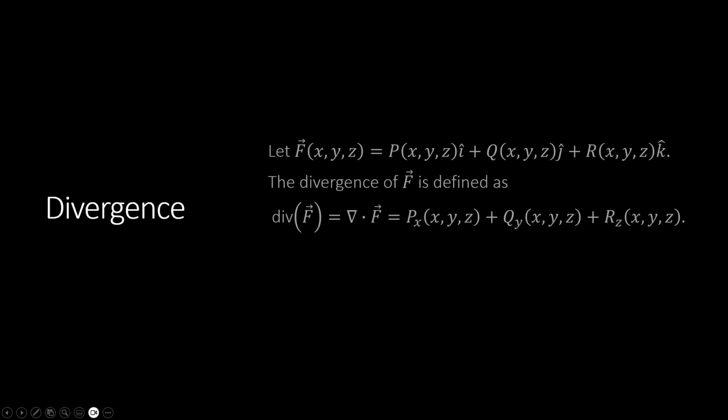In this case, we can think of this as taking the dot product, where you take the partial with respect to x, partial with respect to y, and partial with respect to z, and dot it with F. So it's the partial derivative with respect to x applied to P, plus the partial with respect to y applied to Q, plus the partial with respect to z applied to R. So it's very easy to calculate the divergence of a vector field.